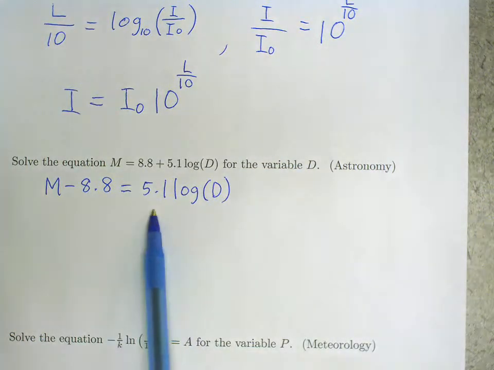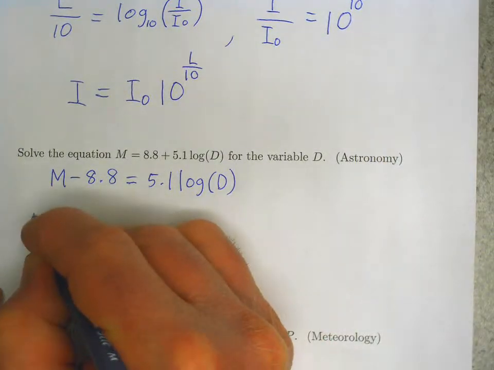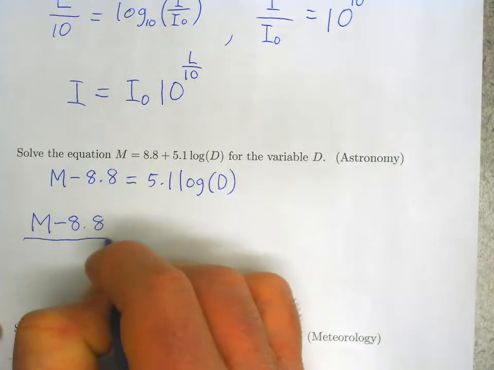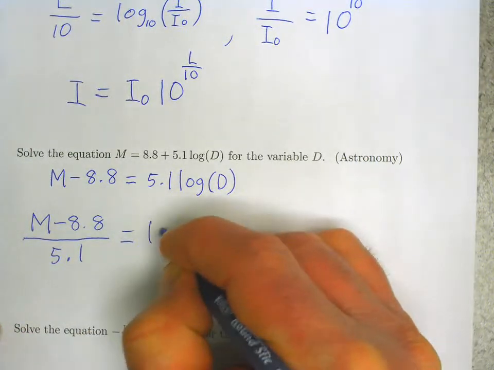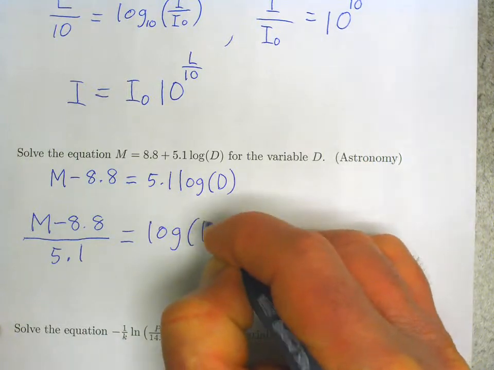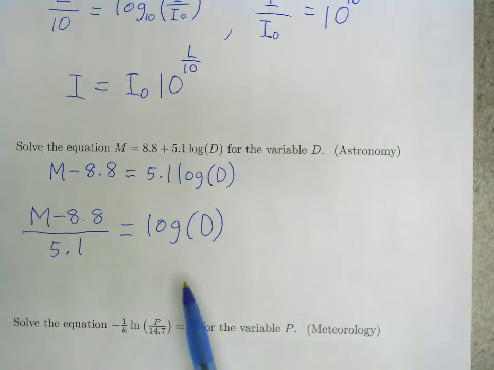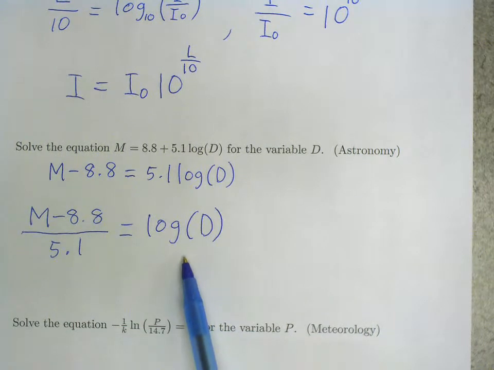Then divide both sides by 5.1. And we get M minus 8.8 all divided by 5.1 equals the base 10 logarithm of capital D. And now we can write the exponential equation that is equivalent to this logarithmic equation. The base of the logarithm is 10.